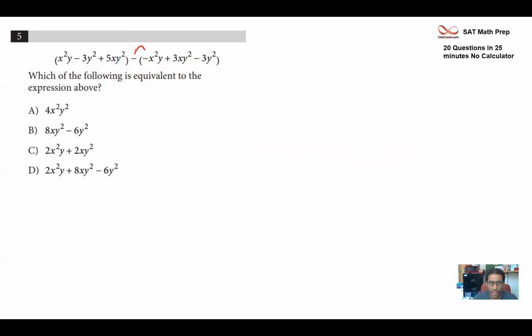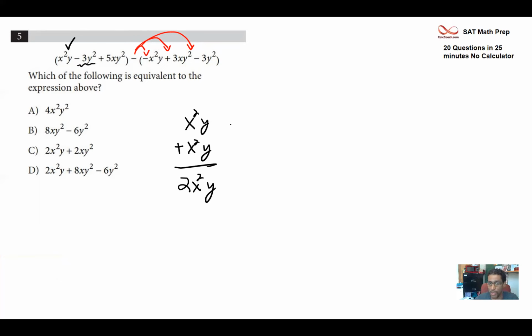We got to be careful about this minus sign here. The minus sign applies to all the parts inside the parentheses. So we have this x squared y from the first part, and then plus an x squared y from the second part. Altogether 2 of those x squared y.